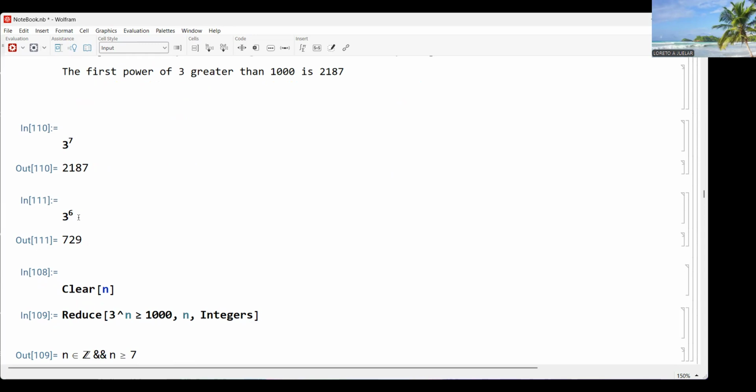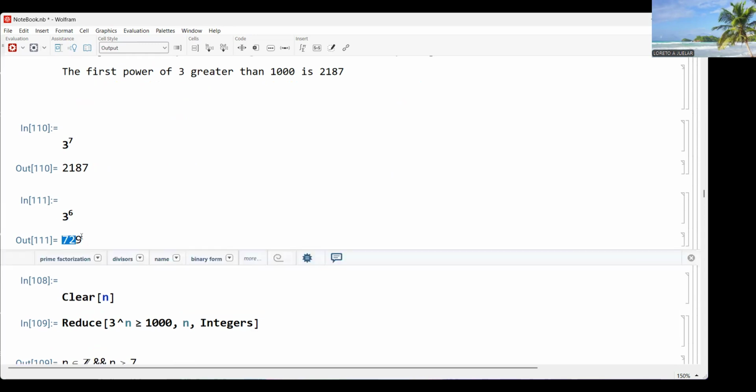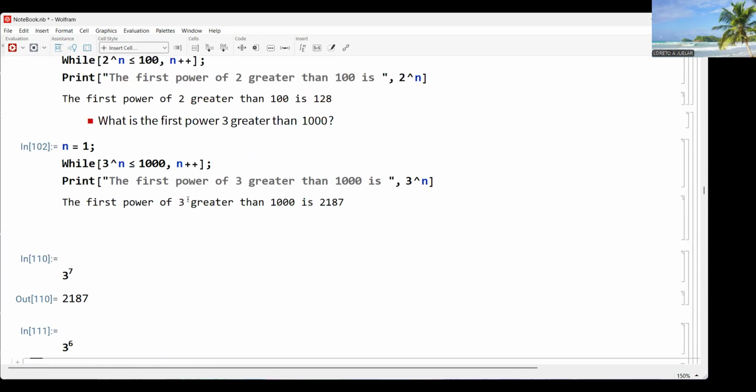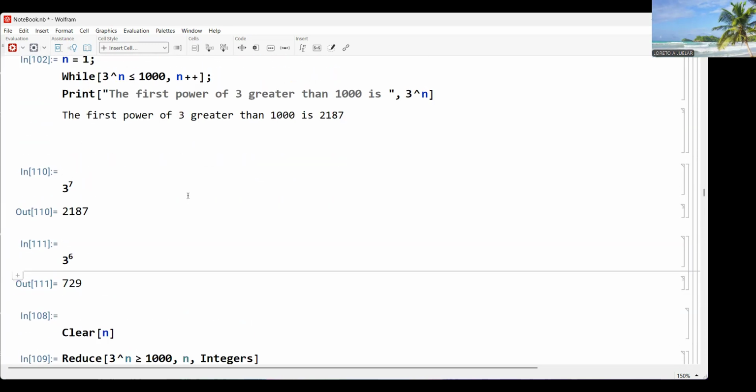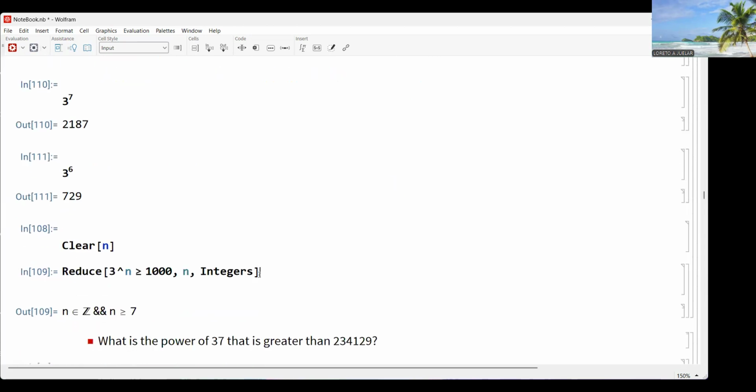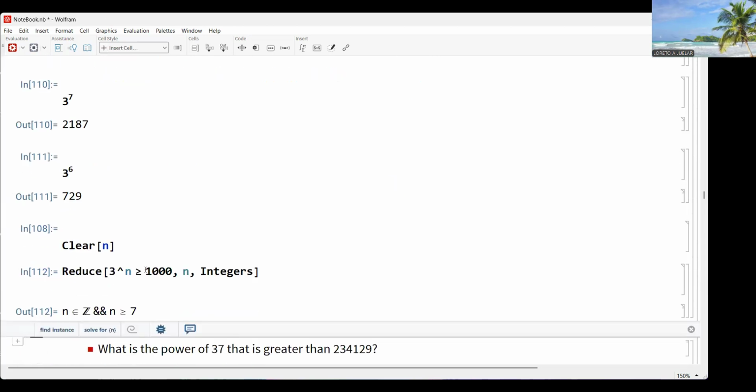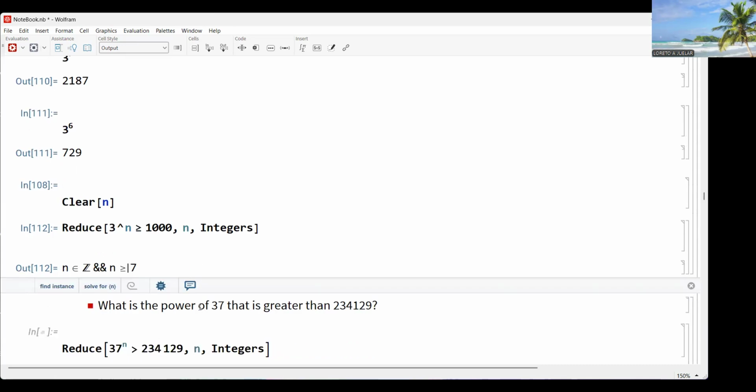Less than that, 3 to the 6 is only 729. So we have here greater than 1000. The answer here is equal to 7. So if n equals 7, the answer is 2187. All right. So it starts from 7 and increases by 1: 7, 8, 9, 10. But the minimum here is equal to 7.